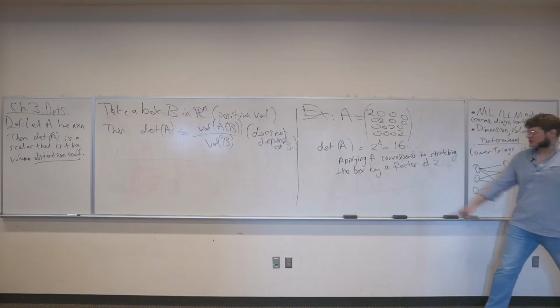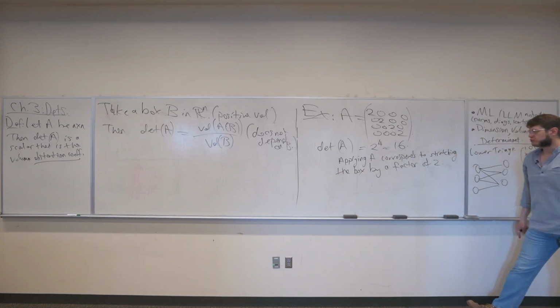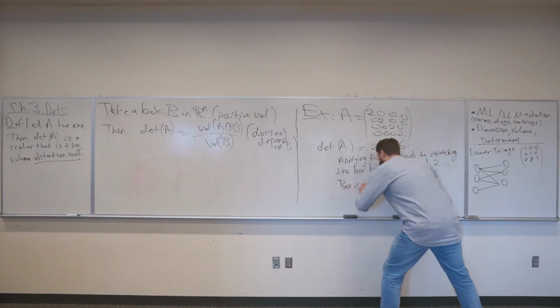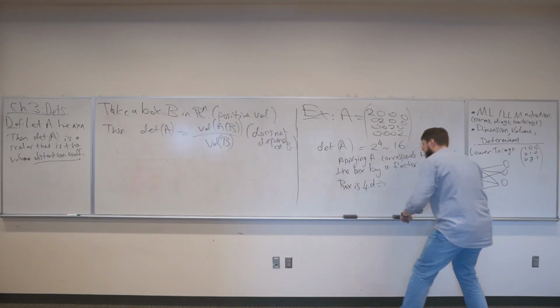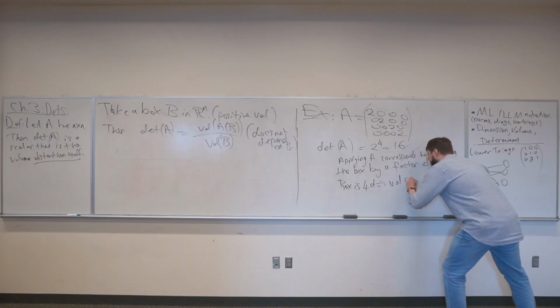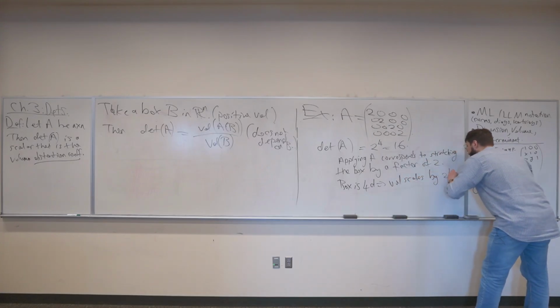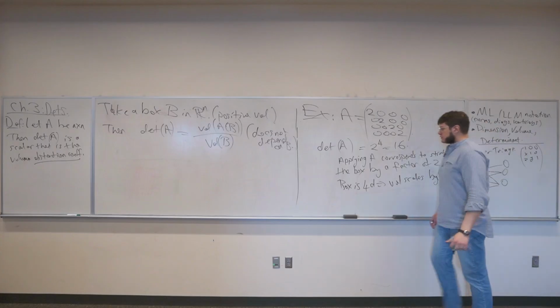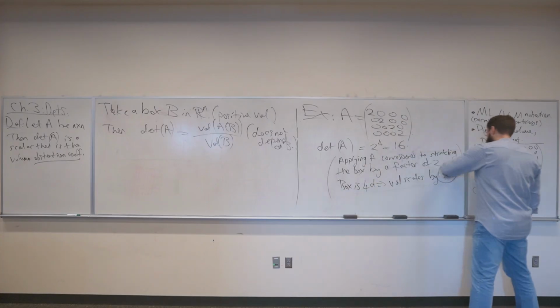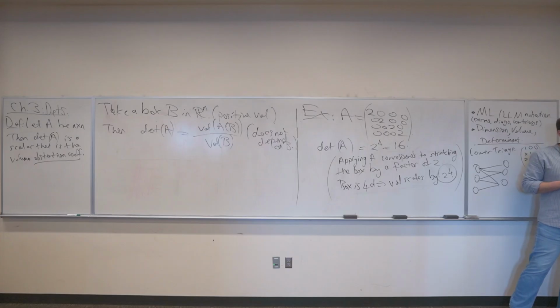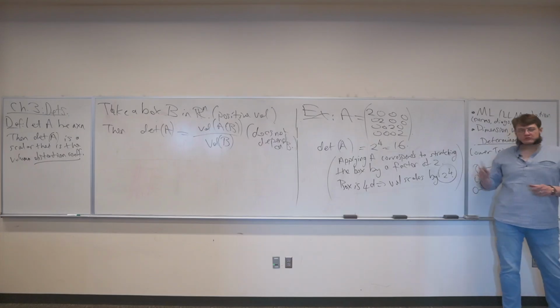The box is 4-dimensional, so the 4 goes in the exponent. So the volume scales by 2 to the 4. That's the intuition behind this calculation. Any comments or questions about this?